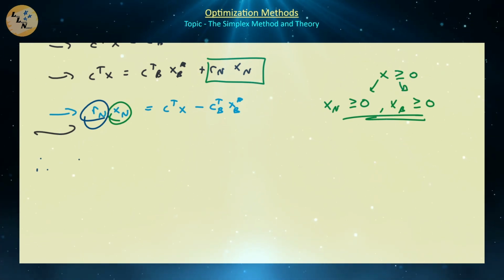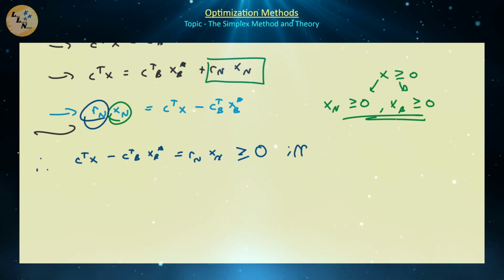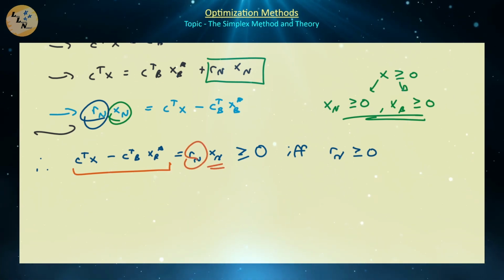So we know that c transpose x minus cB transpose xB star, which is again equal to rN times xN, is always going to be greater than or equal to 0 if and only if rN is greater than or equal to 0. That is, the sign of the left-hand side of this equation depends only on rN, because xN is always greater than or equal to 0, since we're assuming our linear program is in standard form, since our goal is to develop some theory for the simplex method.